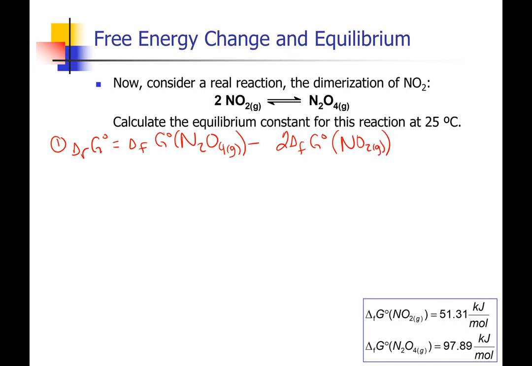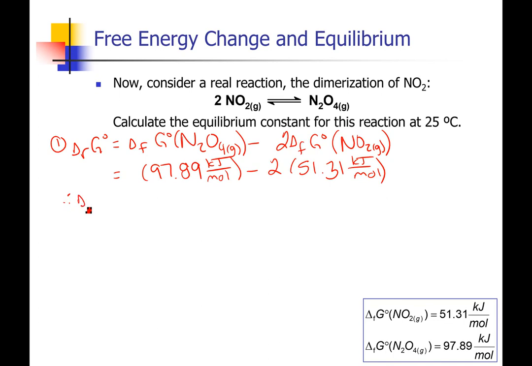And because we have the coefficient 2 in front of the NO2, we need to use its standard free energy of formation twice. So we plug in our numbers and we get 97.89 kilojoules per mole minus 2 times 51.31 kilojoules per mole.